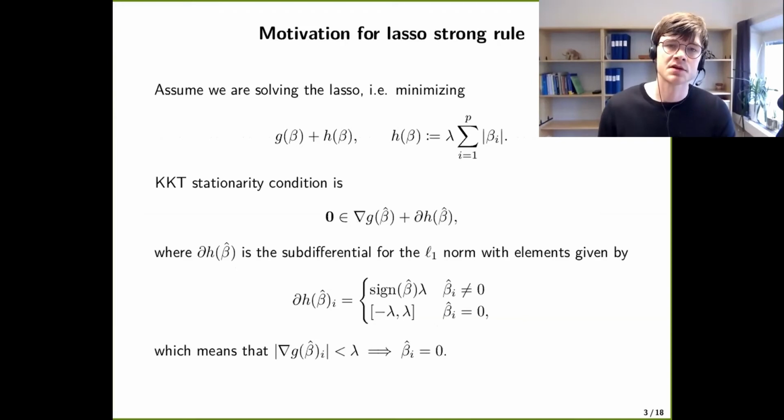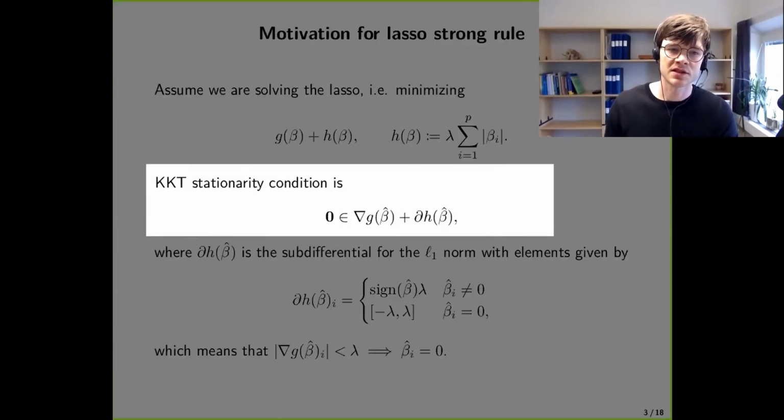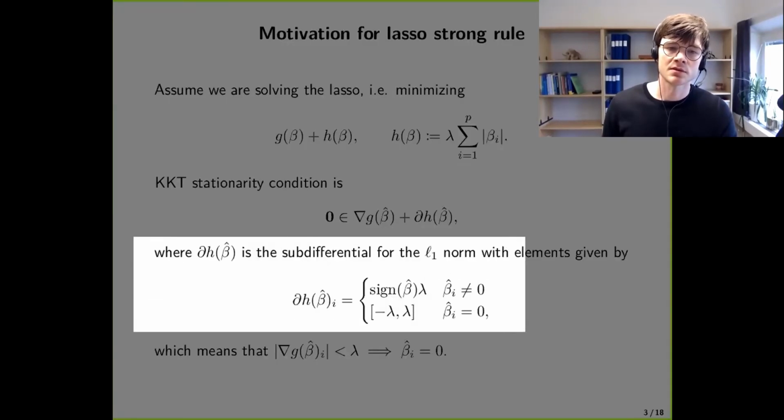To get to the strong rule for slope, I'm going to start with the strong rule for the lasso. Again, we're solving a similar problem, but this time we have a different penalty, the regular lasso penalty. We have the KKT stationarity condition. It looks like this, which says that zero is somewhere inside the sum of the gradient of the differentiable part and the subdifferential of the lasso part.